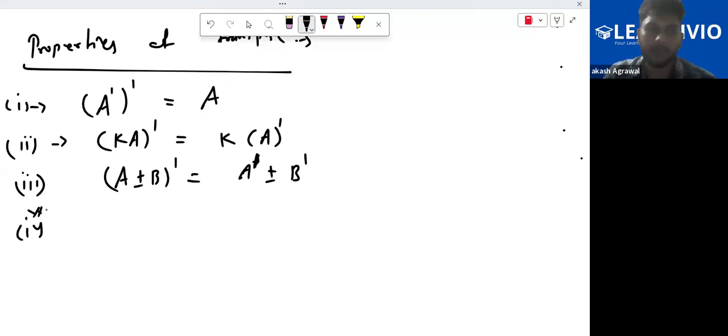But remember this fourth one, it's very important: if you take AB transpose, you are multiplying, then taking the transpose of the matrix, then this equals B transpose A transpose. You have to change the order. All right. Yes, sir. Okay. Please note it down.